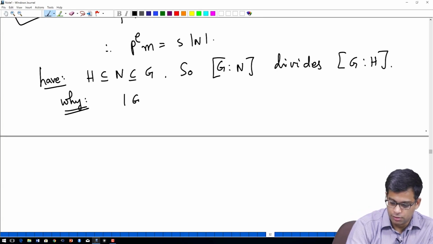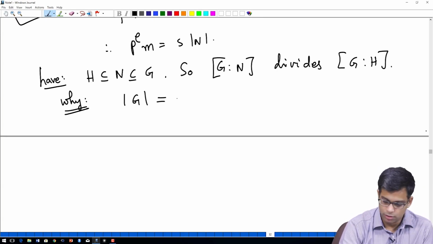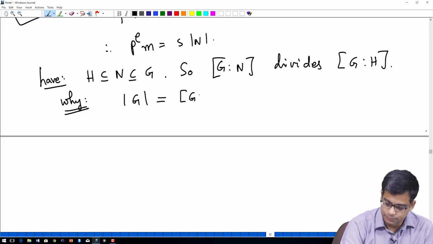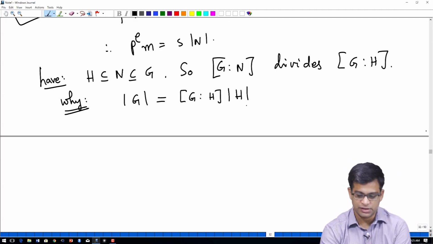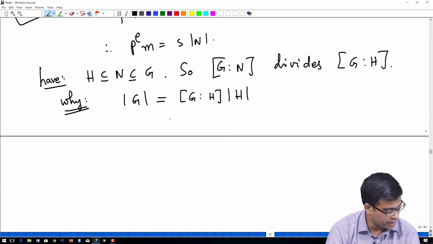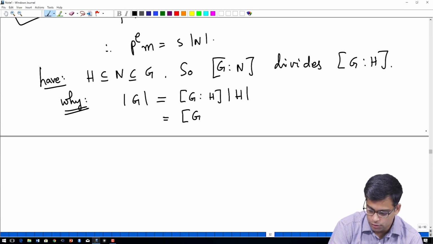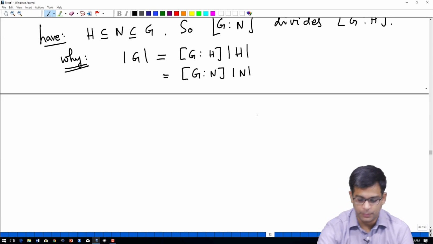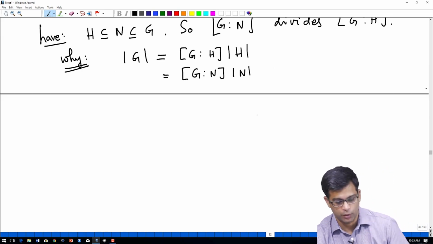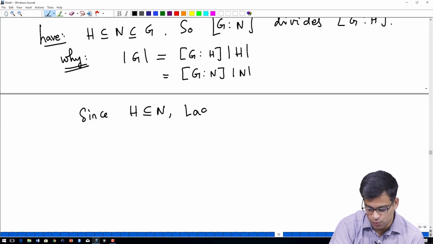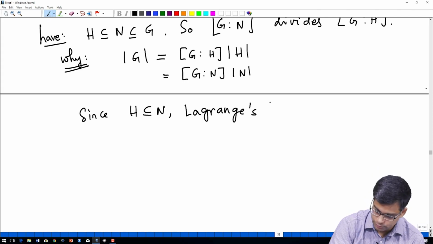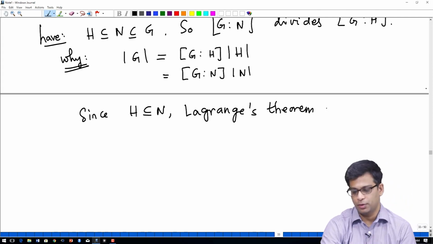The counting formula for a subgroup of a group tells me that, this is one of the original counting formulas, the order of the group is the index times the order of the subgroup. But this is also equal to the index of N in G times the order of N. I am applying the counting formula first to H and then to N. But since H is in N, Lagrange's theorem says that the order of a subgroup divides the order of the group.